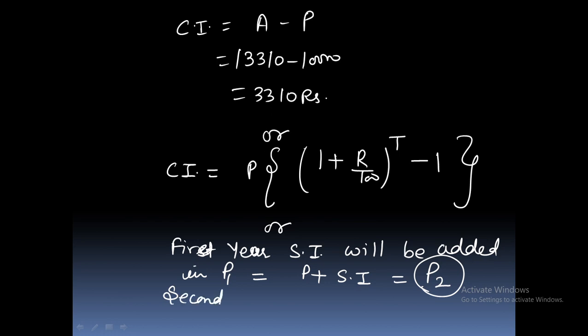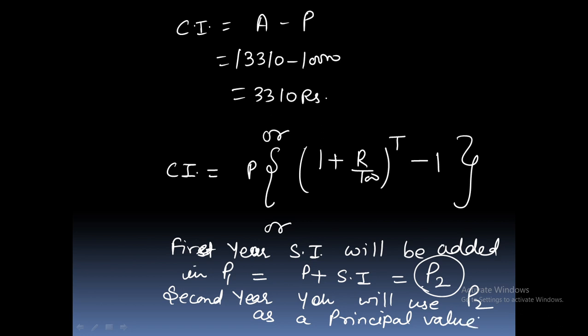In the second year, you will use P2 as the principal value, and after calculating simple interest on P2, for the third year, the new principal value will be the principal value of the second year plus simple interest.